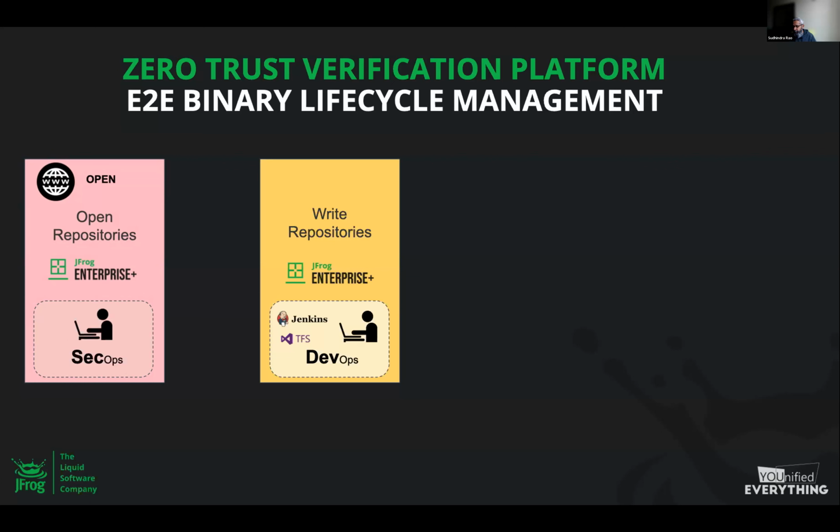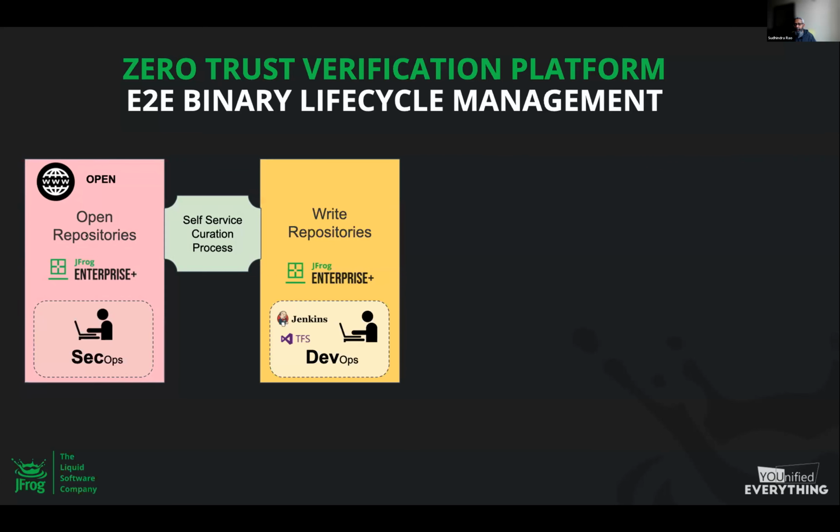And the self-service curation process and the workflow associated with it, which my buddy Daniel will be talking about, is basically the interaction between DevOps, a developer requesting a piece of software, and how that request ends up on this open repository.